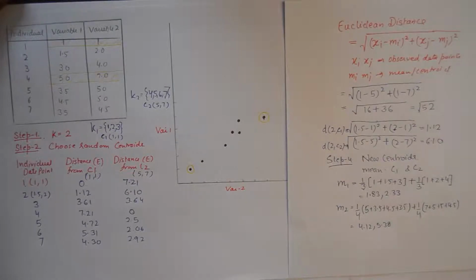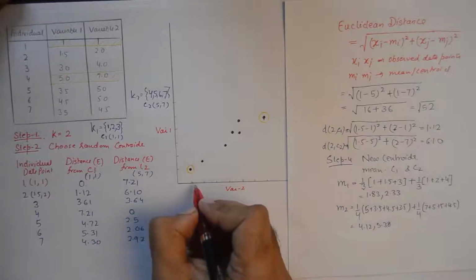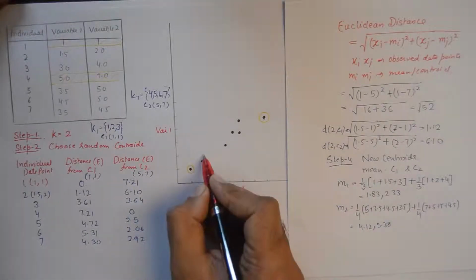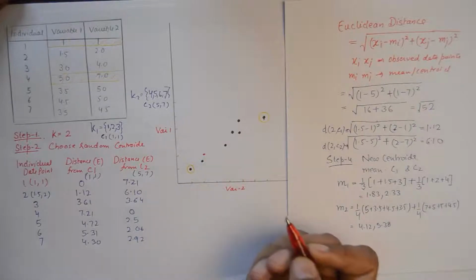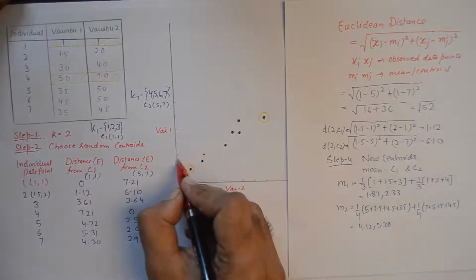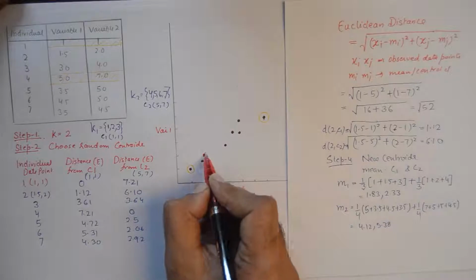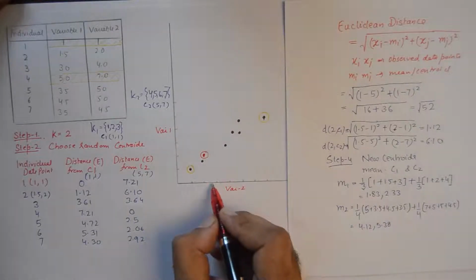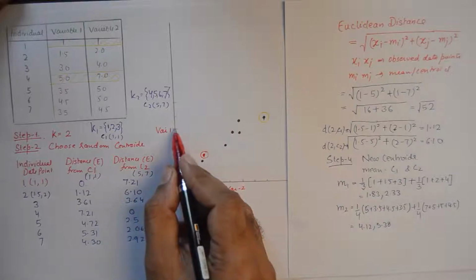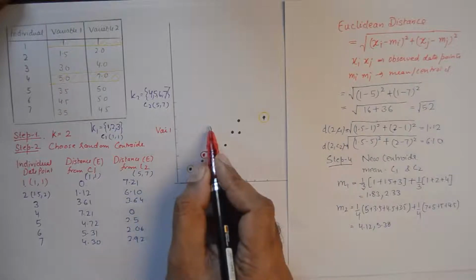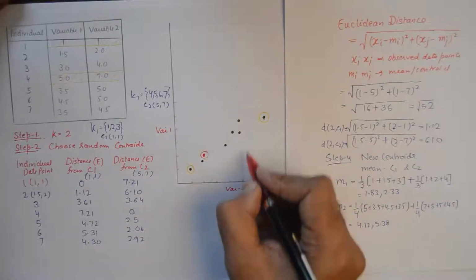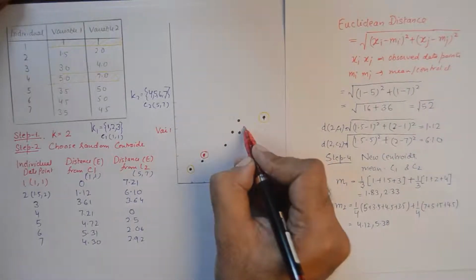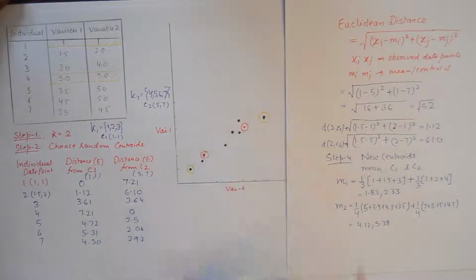So this has shifted to 1.83, somewhere here, and the other somewhere between 4 and 5, somewhere here. So my new centroids have shifted here.